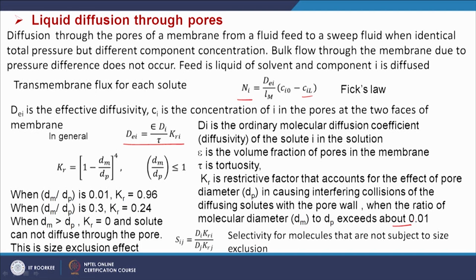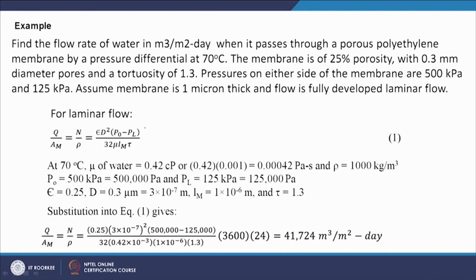Otherwise, when dm by dP is 0.01, Kr is 0.96, so this value is almost 1. When dm by dP increases, meaning the solute size is increasing, at 0.3 Kr is 0.24, and when dm is greater than dP, Kr equals 0, which means there will be no diffusion of the material. So, we will see one example here.